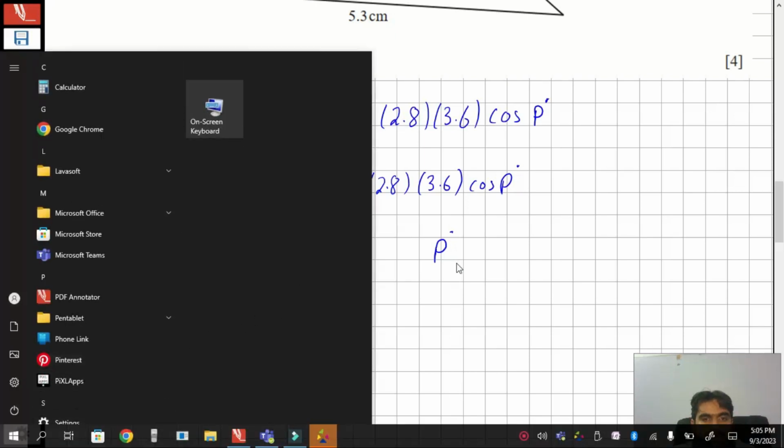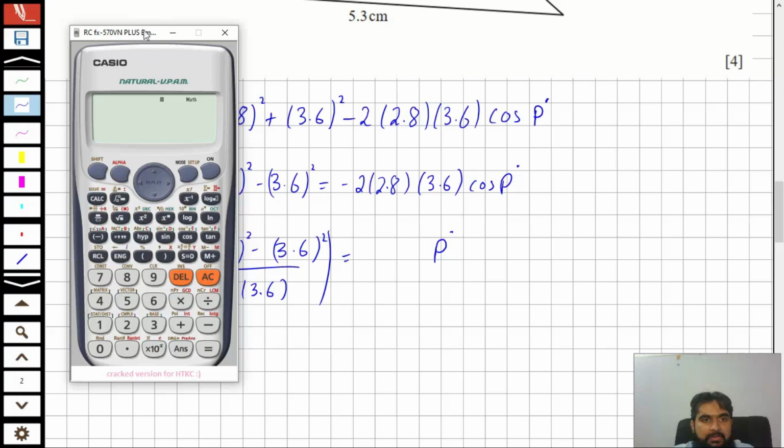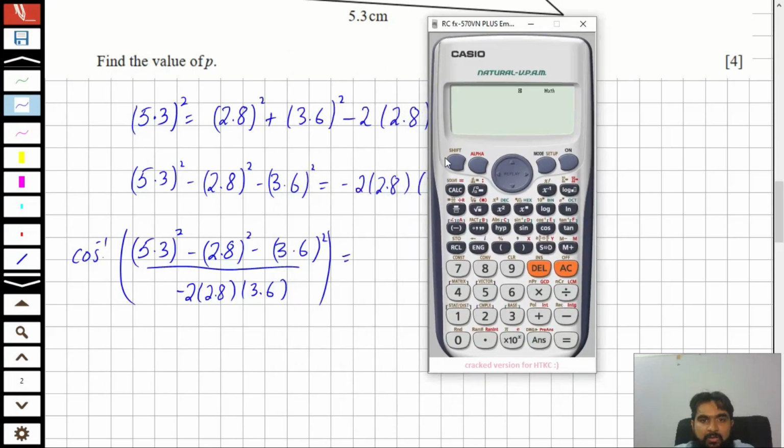So let's open a calculator here. Now the values are cos inverse, that will be a division sign, 5.3 square minus 2.8 square minus 3.6 square.